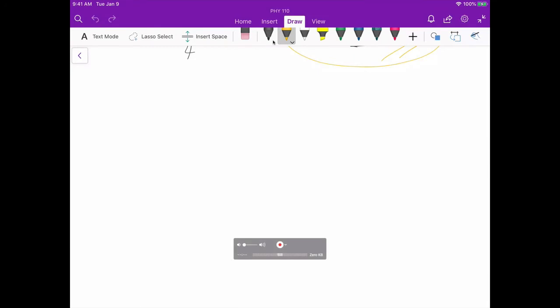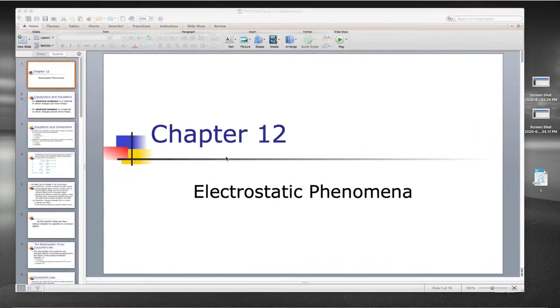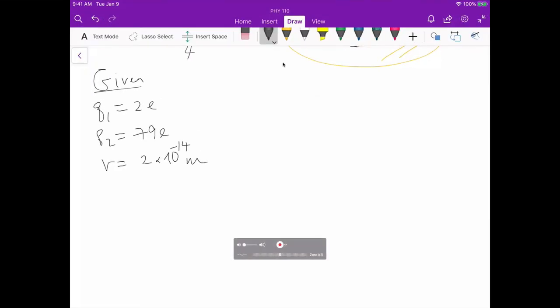So let's come to our given parameters. Q1 is 2e, Q2 is 79e, and the distance r is 2 times 10 to the power of -14 meter. You're asked to find the electrostatic force between the two.